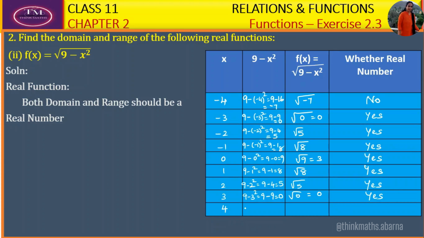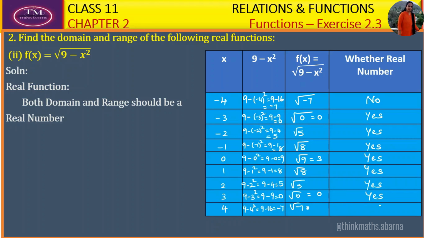Next, take 4. 9 minus 4 square. What is 4 square? 16. 9 minus 16 is negative 7, because the difference between 9 and 16 is 7, and the bigger number, 16, has the negative sign. If the bigger number has the negative sign, the answer will also be negative. So it is root of minus 7, but this is not a real number.